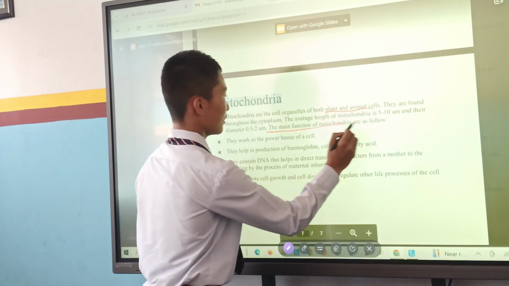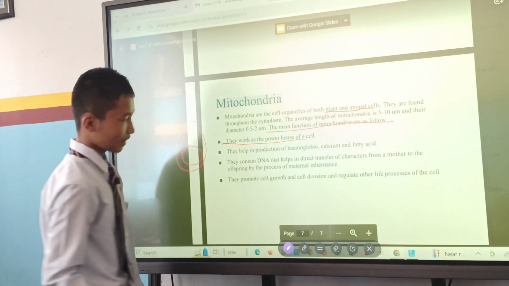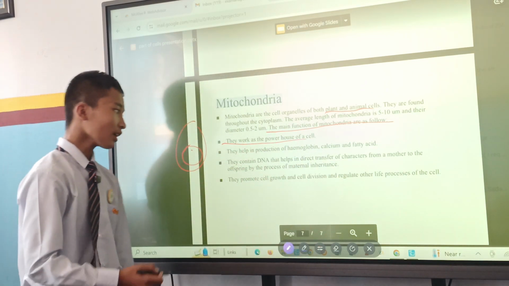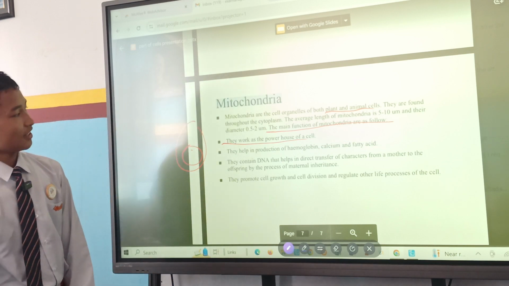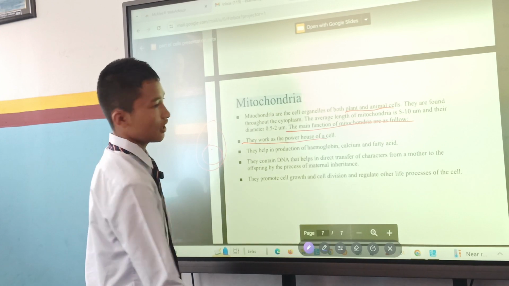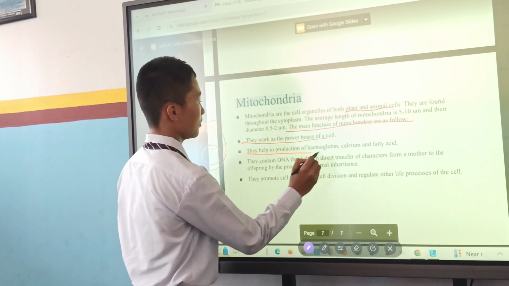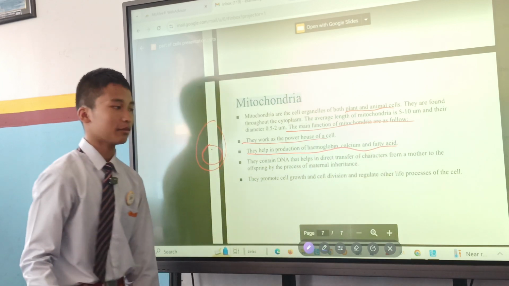The main functions of mitochondria are as follows. They work as the powerhouse of the cell. It means that it is responsible to produce and release energy for the cell, so it can work. They help in production of hemoglobin, calcium, and fatty acids.